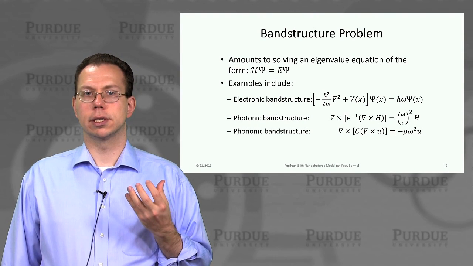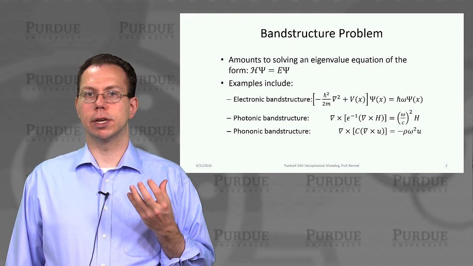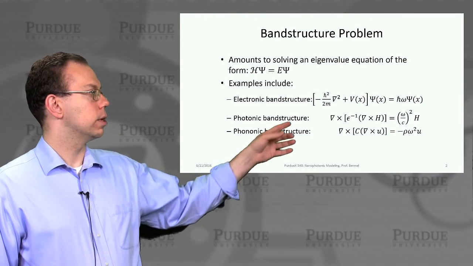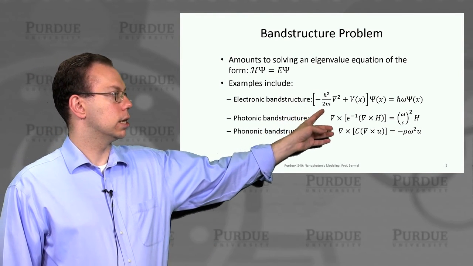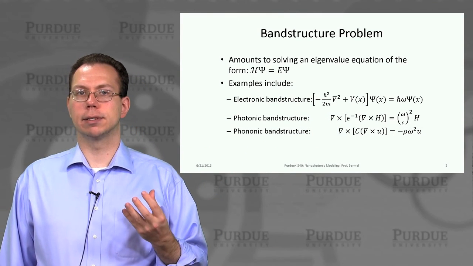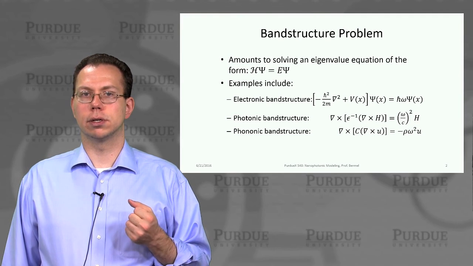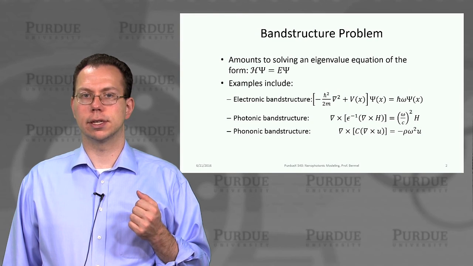And so, of course, there are many different types of band structure problems that we could potentially consider. One famous one, of course, is Schrodinger's equation. Schrodinger's equation looks like this. It has both kinetic and potential energy terms equal to the energy of the photon or electron of the system.